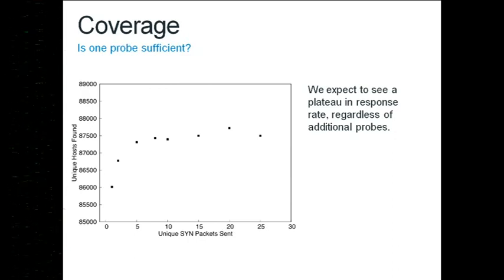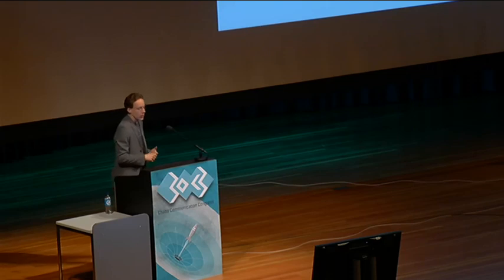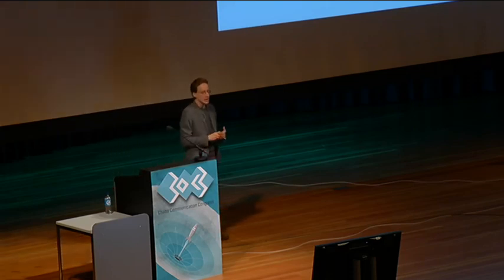And what we'd expect to see is that as we send more and more, eventually we reach some plateau, some number of SYN packets at which only a vanishingly small number of hosts will have lost them all. So basically, we're trying to reach ground truth here, some denominator against which to compare the numerator of how many results we've gotten. Well, what we do see, what we find indeed, is that there is a plateau.